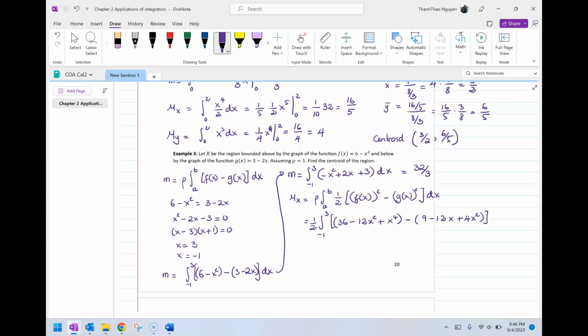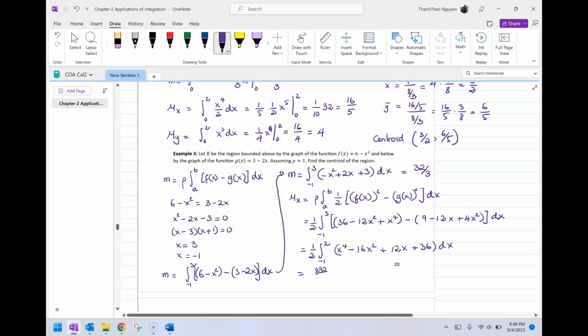And this is with respect to x, so dx. Simplify. And we evaluate this from -1 to 3, we get 832 over 15.